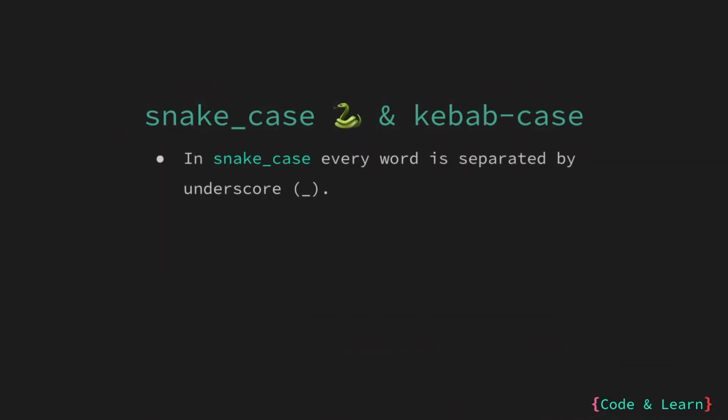In Snake Case, every word is separated by an underscore. Continuing with our examples, you can see my_int has an underscore between my and int, my_string has an underscore between my and string, and so is the case with phone_number. The name again comes from the case resembling a snake. Again, you will need to use some of your imagination.